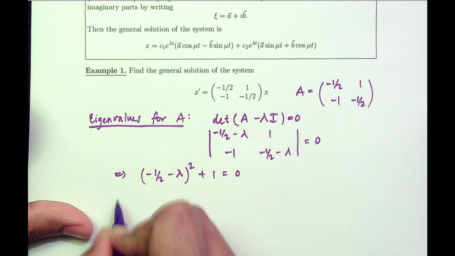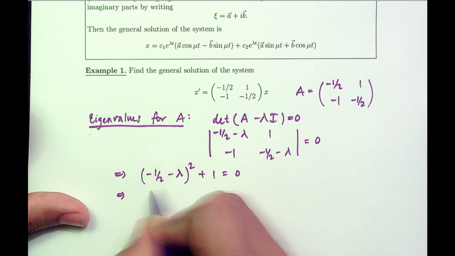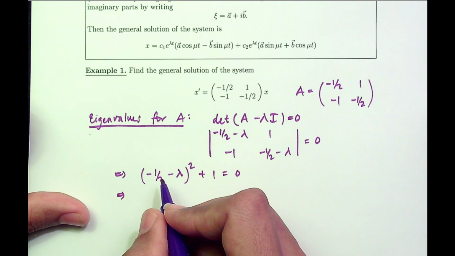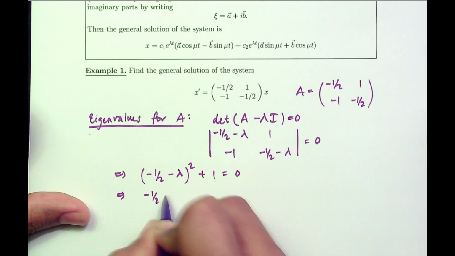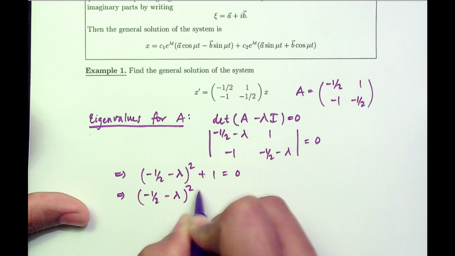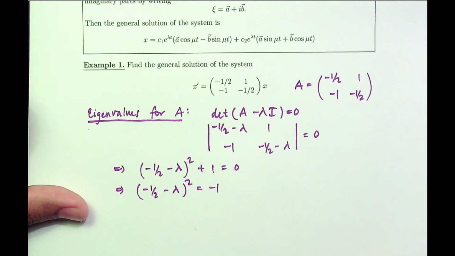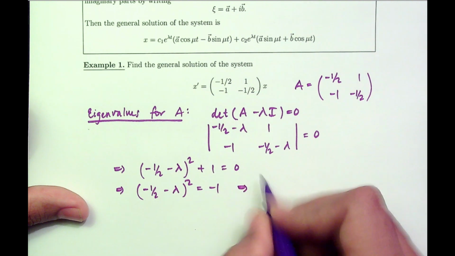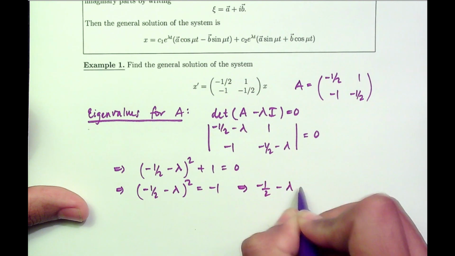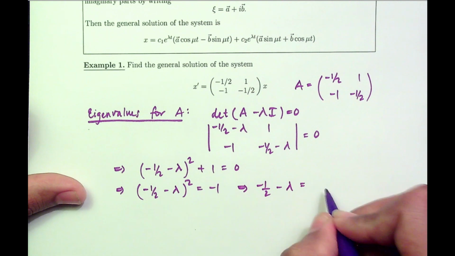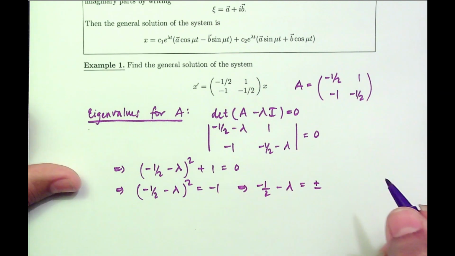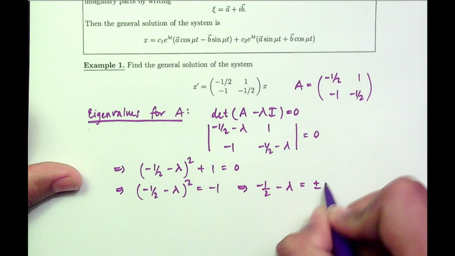And then, let's keep going. So this is going to be negative a half minus lambda squared equals negative 1. And then you take square root on both sides, where you have to put plus or minus, and the square root of negative 1 is i.